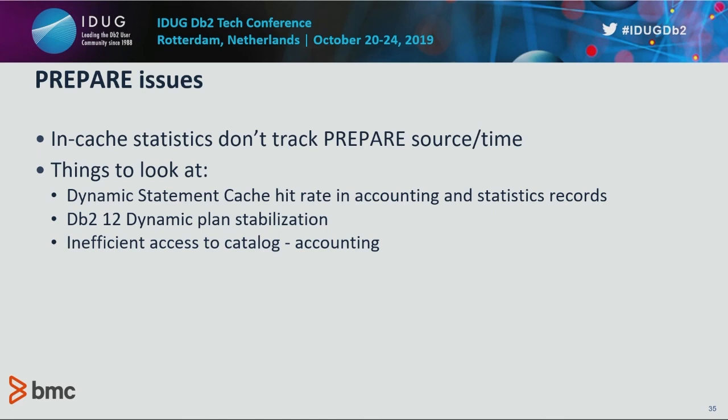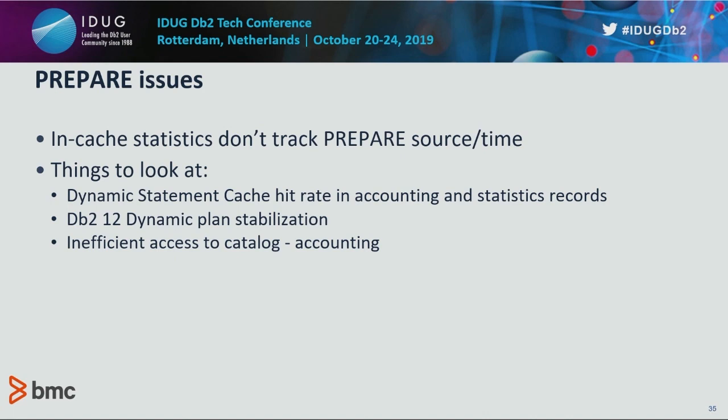But it may be that it's not satisfied from the cache, in which case you have to have an implicit prepare taking place. And there are things being tracked in the accounting and statistics records, so that's something that you could look at to make sure you're getting a good cache hit rate on your prepares.